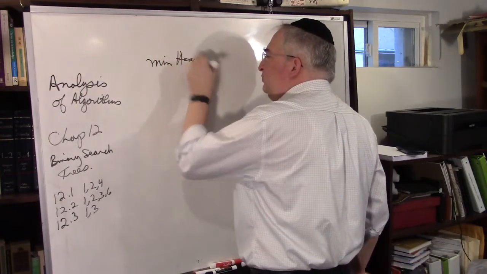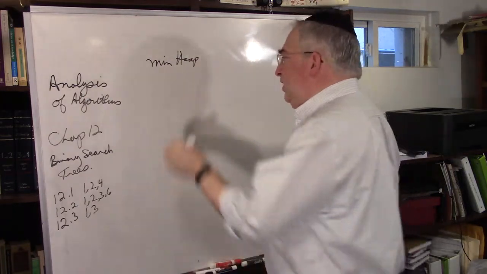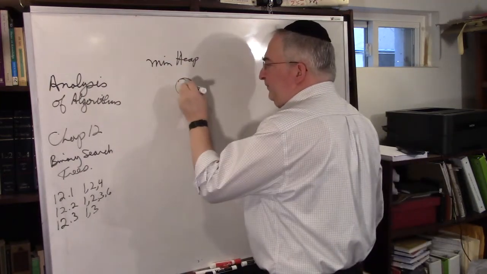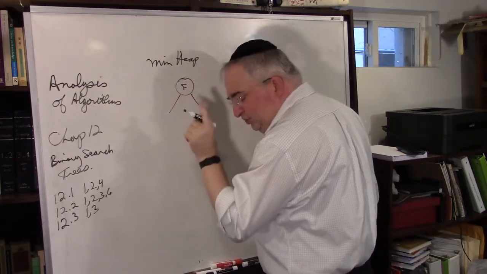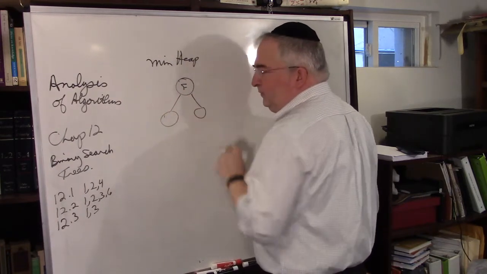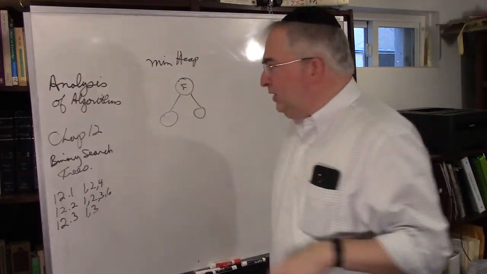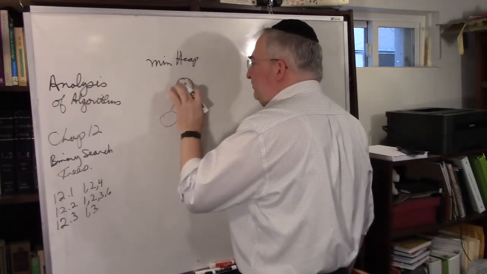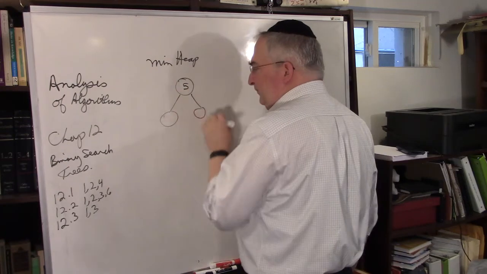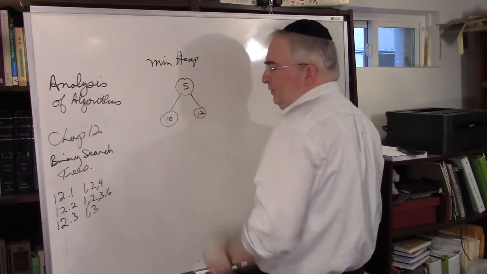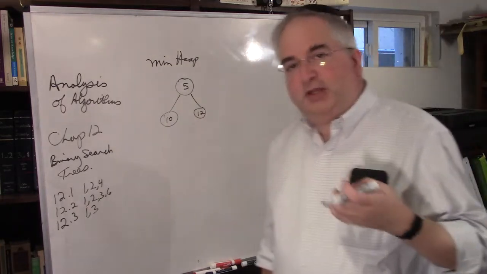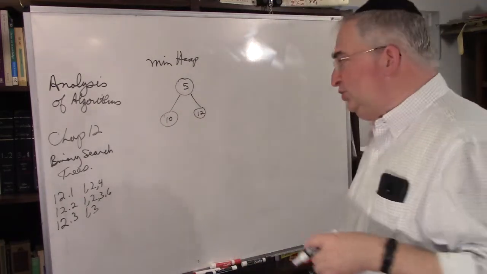usually in class we talk about a max heap, but a min-heap is where the father is smaller than his two children. So we're going to have something like 5, 10, 12. That's a min-heap. The father is smaller than his two children.